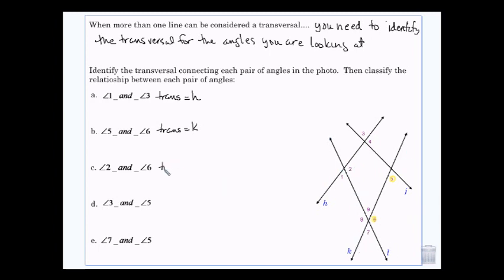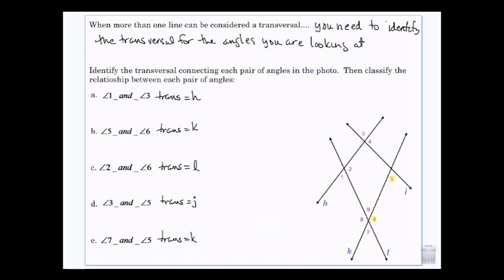So in this case, the transversal is L. 3 and 5, I'm talking about these 2 lines with this line connecting them, so the transversal is J. And then 7 and 5, again, these 2 lines, so my transversal is K.